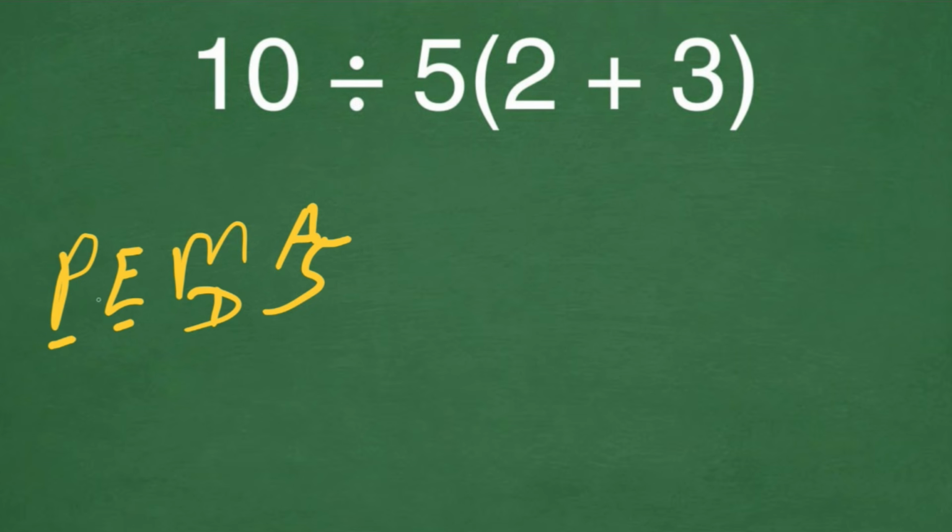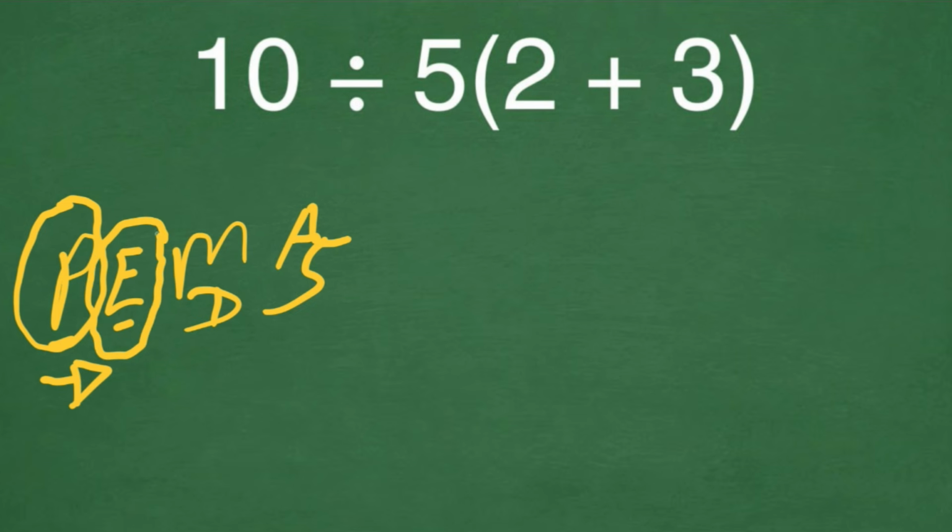So here, first we have to solve parentheses, and then after we solve all the parentheses, we have to move to exponent, and then after we solve the exponent, we have to move to multiplication, and then finally addition.